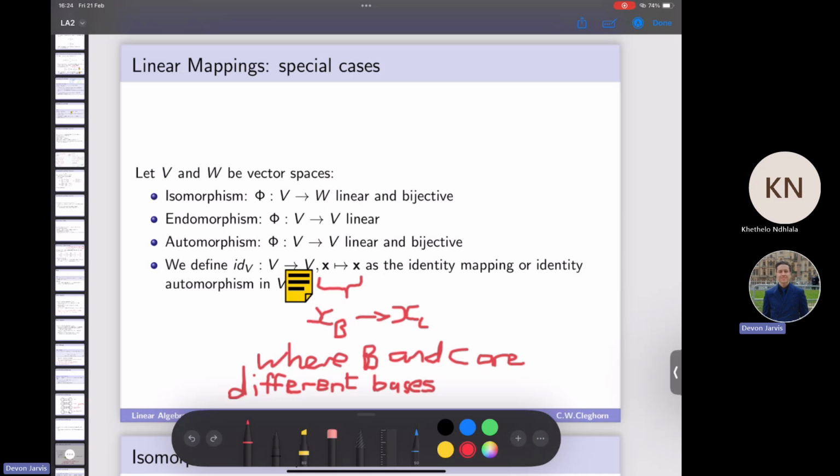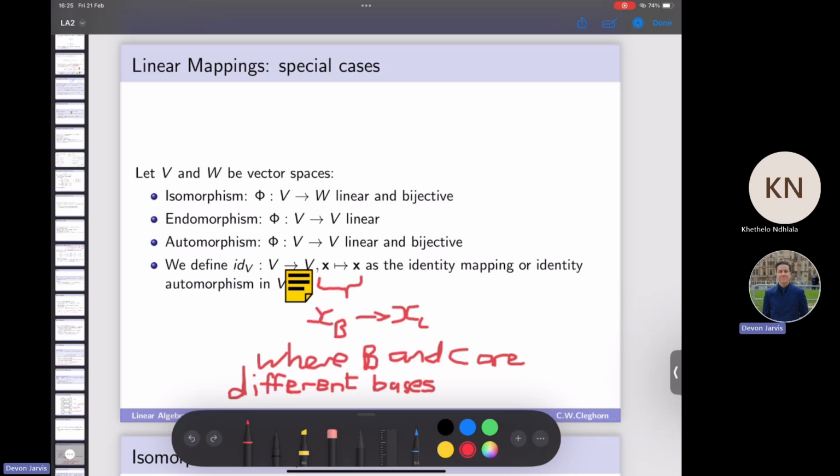What's the difference between an automorphism and the identity mapping? Because from what I see, they both map from V to V. As you can see here, the fourth point says we can define the identity mapping, or identity automorphism, as what goes from V to V, so the identity mapping is a special case of the automorphism.